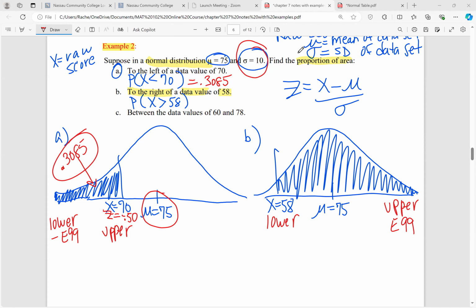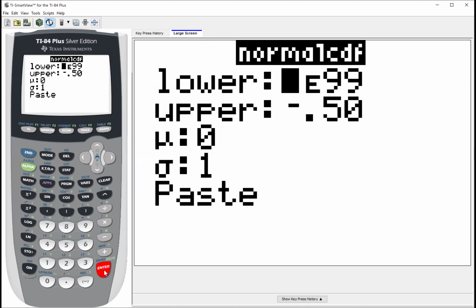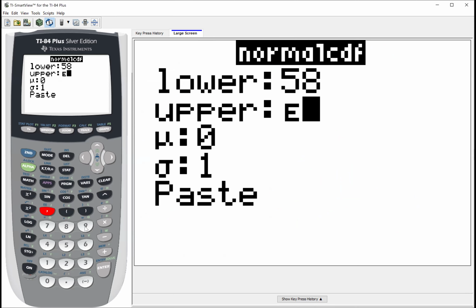So we'll go to the calculator. We're going to do normal CDF. The lower bound is 58. The upper bound is E99. The mean of this distribution is 75, and the standard deviation is 10.